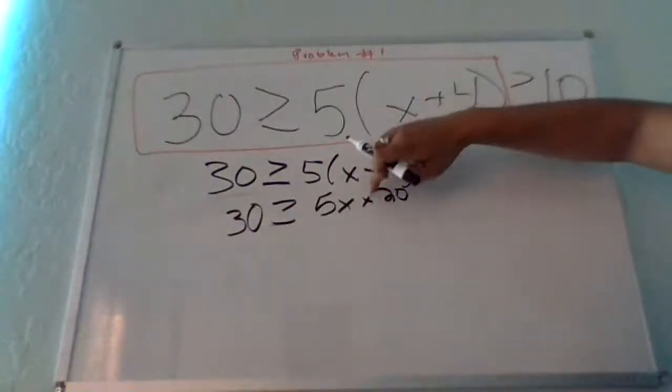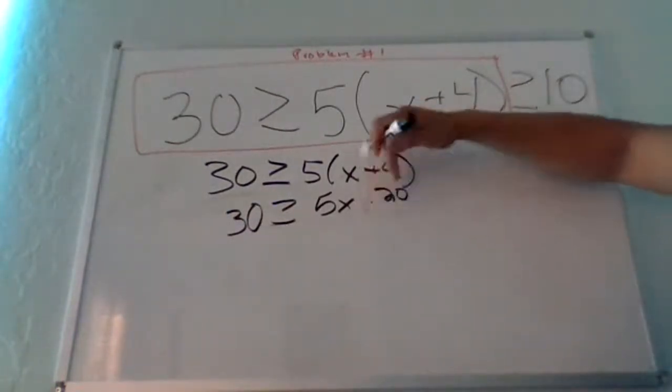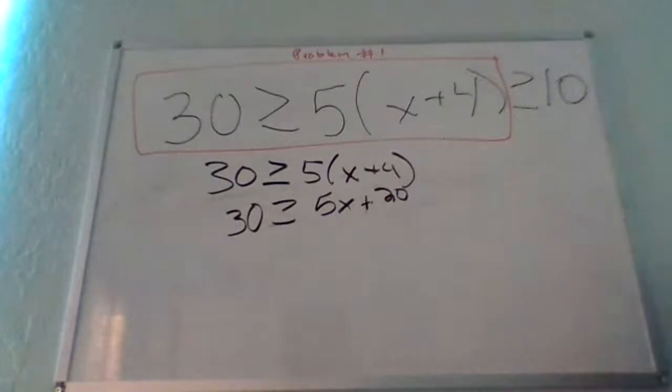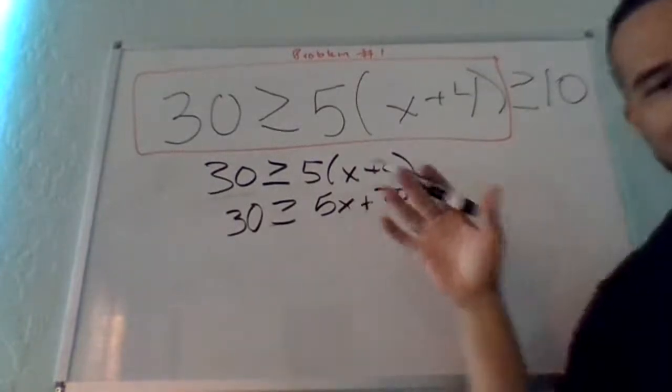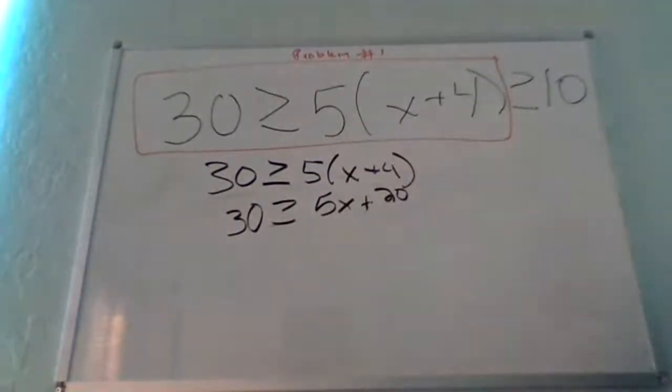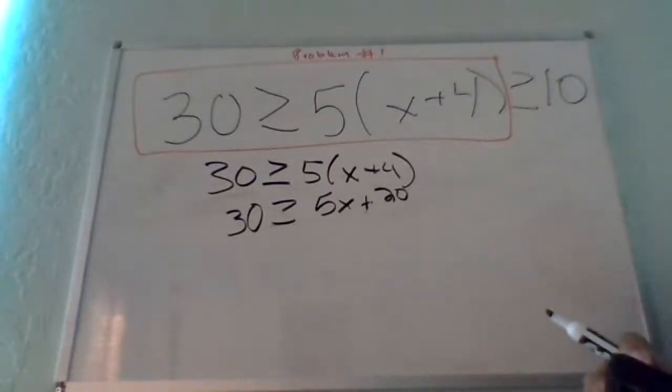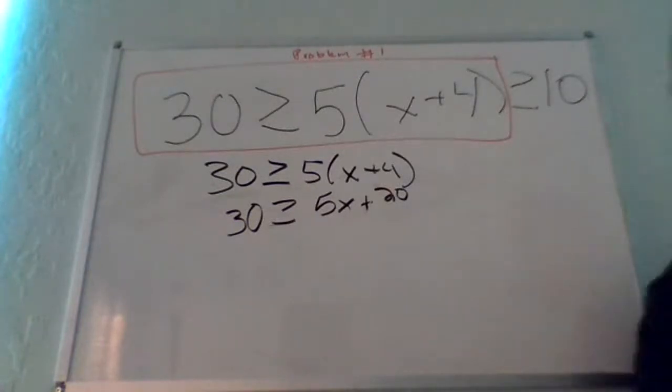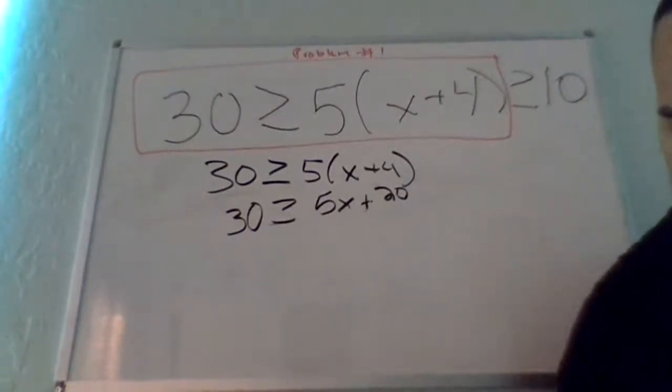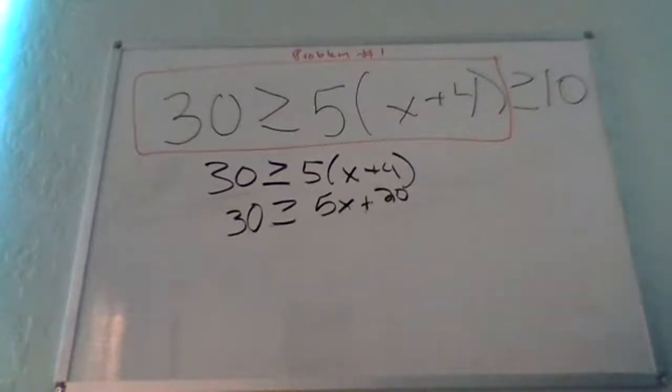I'm trying to write it in a way where I don't block the board. I know that comes out weird sometimes. Okay, now what? Minus 20 on both sides. Yep.